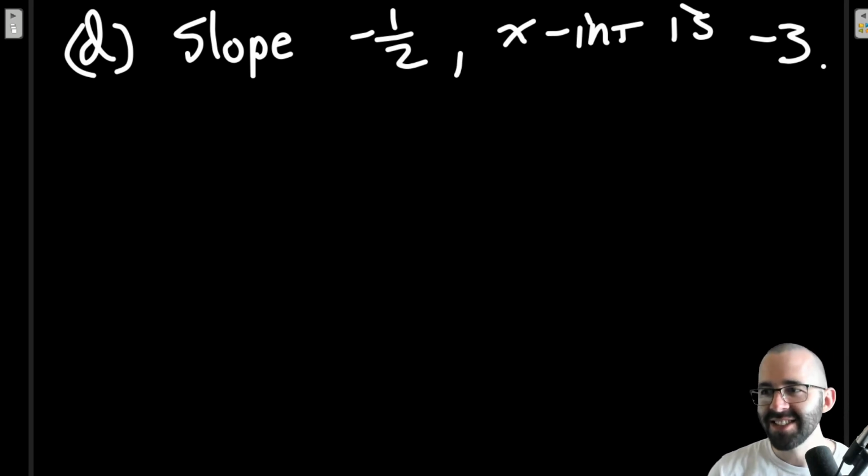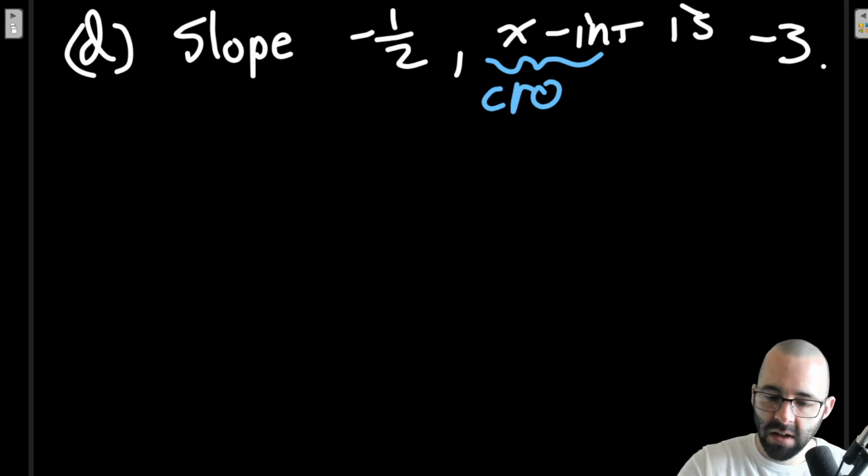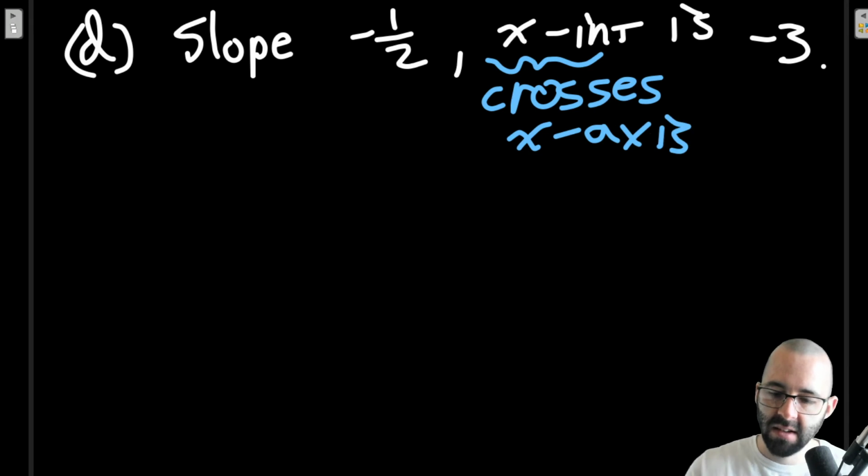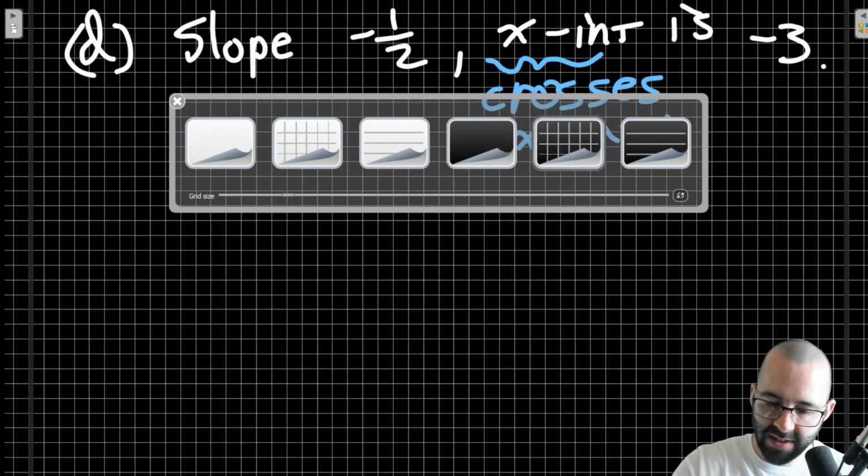Okay? So the x-intercept is -3. Remember, x-intercept is where it crosses the x-axis. So if you wanted to, you could visualize this.